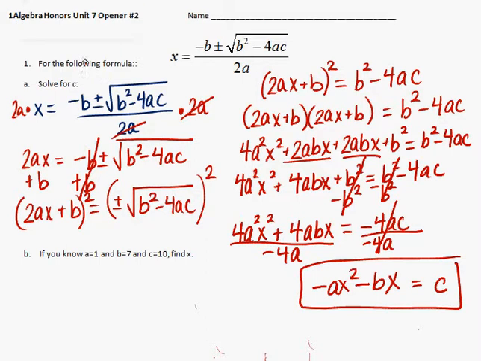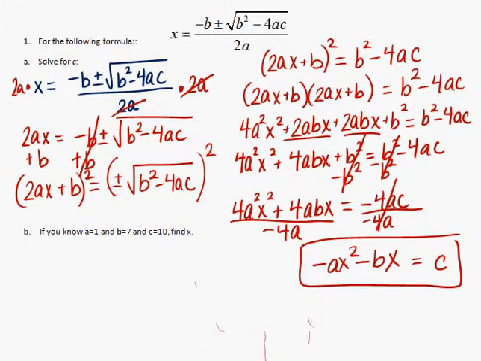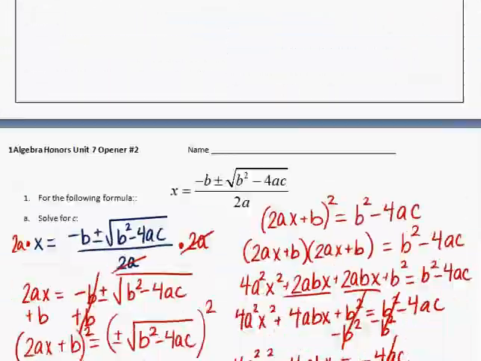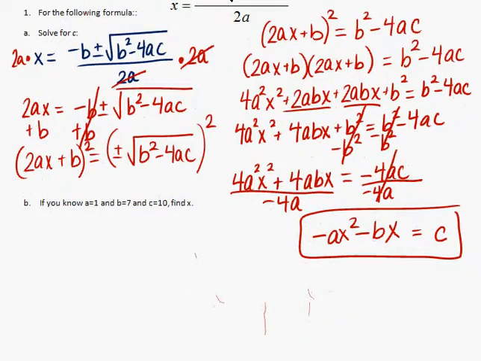The other thing that this opener asks us to do is to take some numbers and substitute them into our formula. So a equals 1, b equals 7, and c equals 10. I'm going to substitute those into the formula that I started with. x equals opposite b.